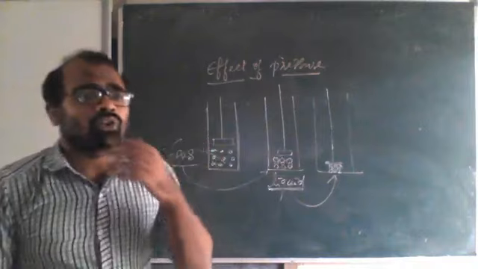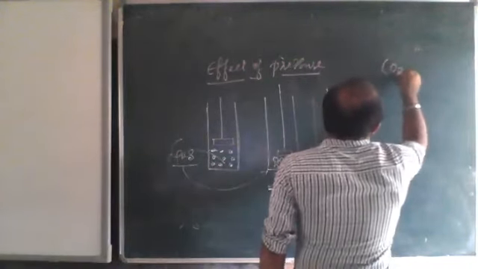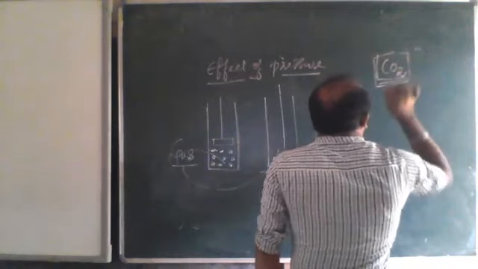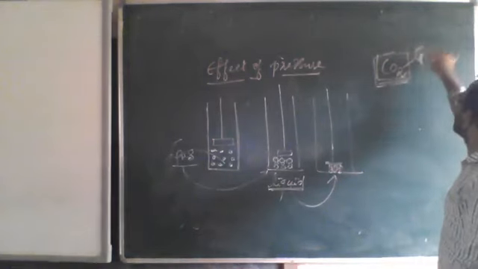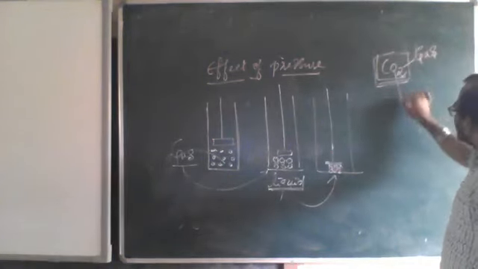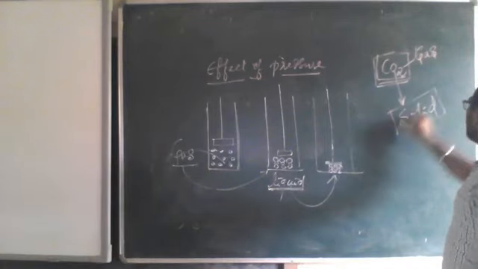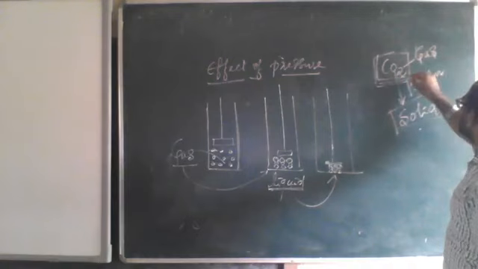If you have come across the word solid CO2, from CO2 which is in gaseous state, it can directly convert into solid state by changing its pressure to 1 atmosphere.